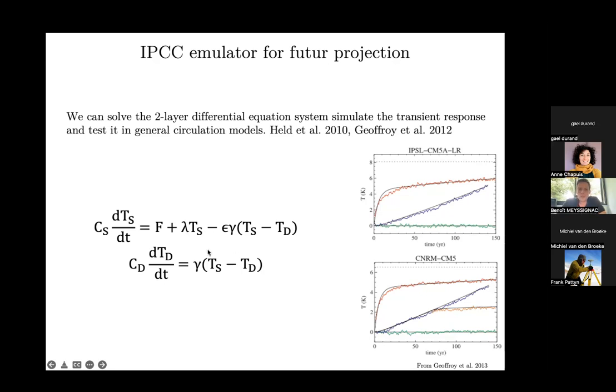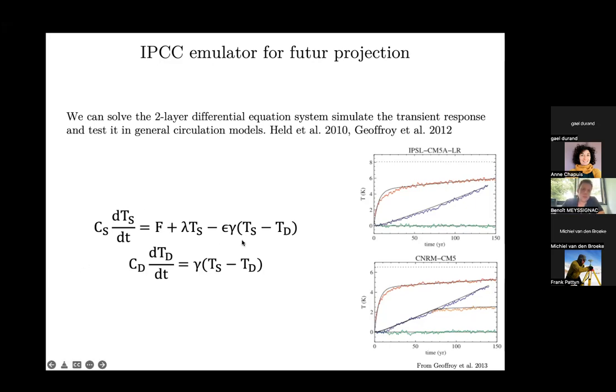Then they wanted to do some projections that were consistent with this assessment of the climate sensitivity, but they wanted them to be consistent dynamically with climate models. So what they did is use emulators of climate models, which is actually a 2-layer energy balance model that I'm showing here.